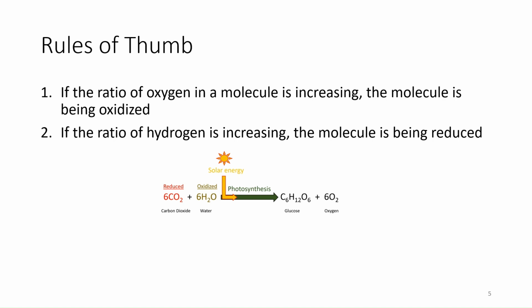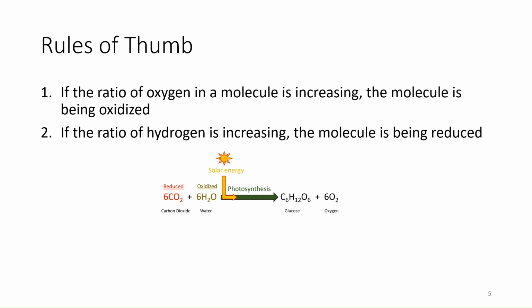But in glucose, we have one carbon for every oxygen. So if we look at rule number one, the ratio of oxygens has declined, and so this molecule, as written above, carbon dioxide, is reduced. Additionally, we can see that we added 12 hydrogens. So now, for every one carbon in glucose, there are two hydrogens.